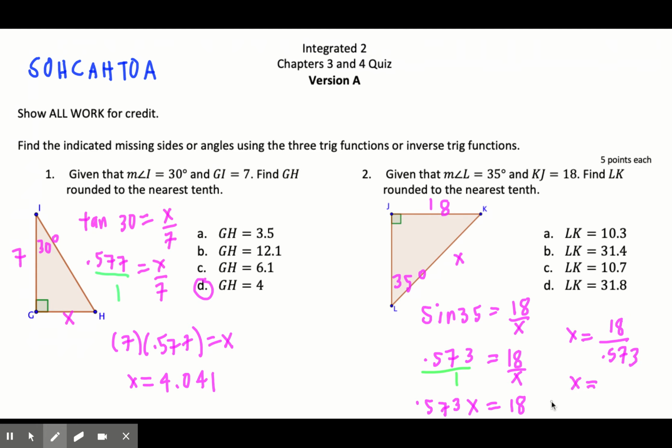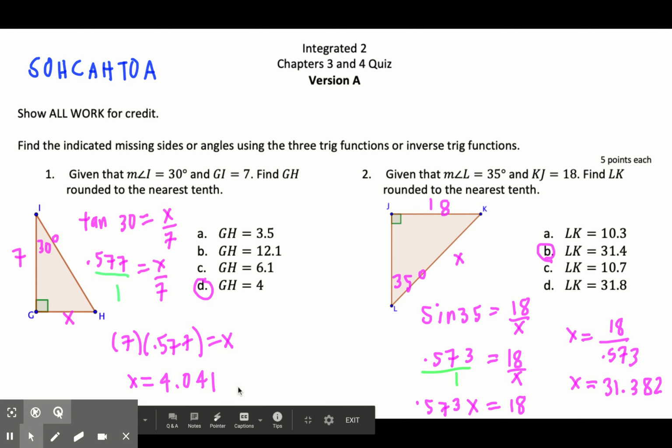And then you go on your calculator, 18 divided by your previous answer, and you got 31.382. So that rounds to 31.4. Okay, next problem.